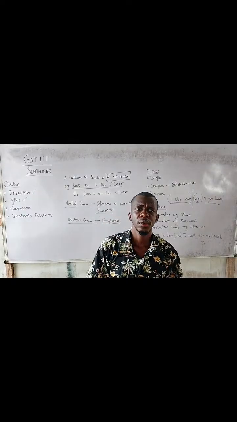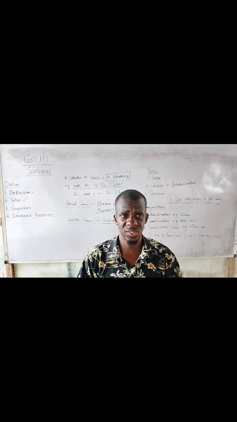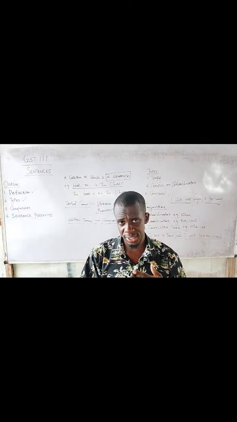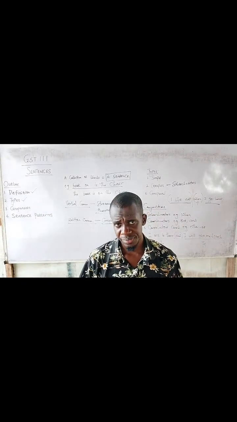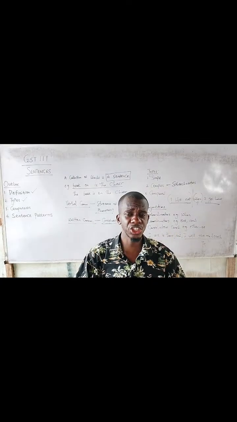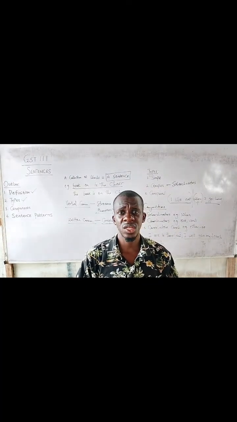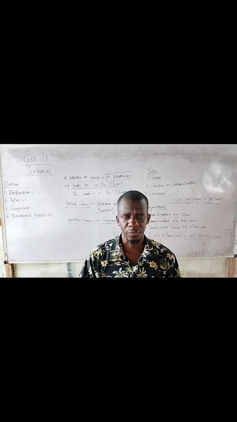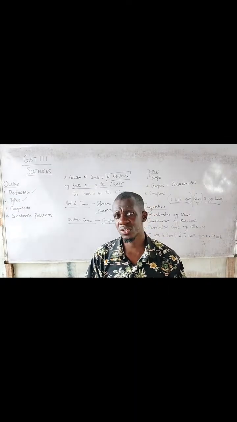Now the two main components of a sentence include the subject and the predicate, which we also call the verb. These are the traditional parts of a sentence, the basic parts of a sentence, or the primary parts of a sentence. Does this mean there are no other parts of a sentence?